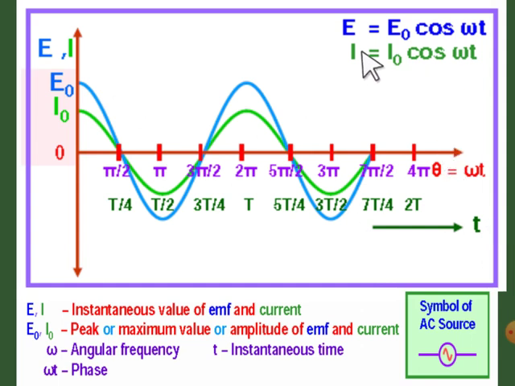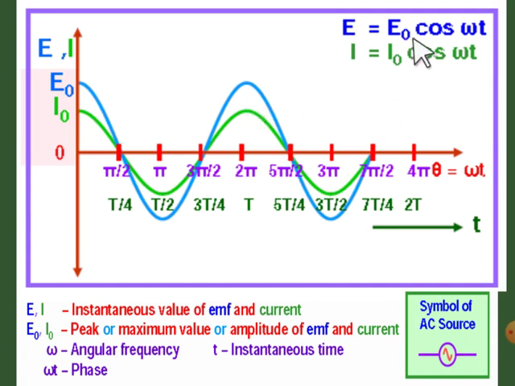If E is equal to E naught cosine omega t and I is equal to I naught cosine omega t, instead of sine omega t as in the previous one, let's see whether the cosine function can represent AC current, that means continuously changing its magnitude and periodically reversing its sign. Those are the two properties: changing its magnitude continuously and reversing its direction periodically.